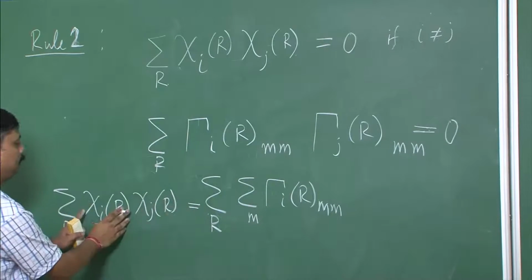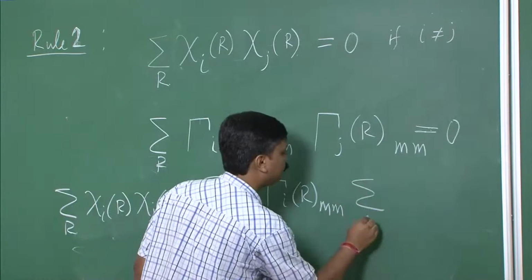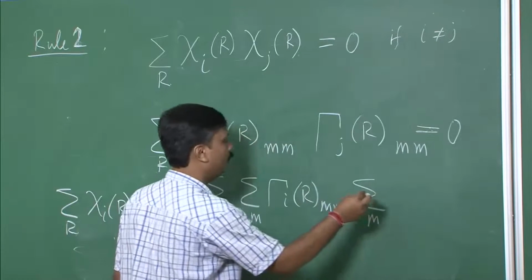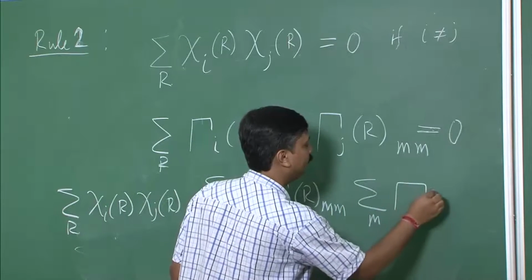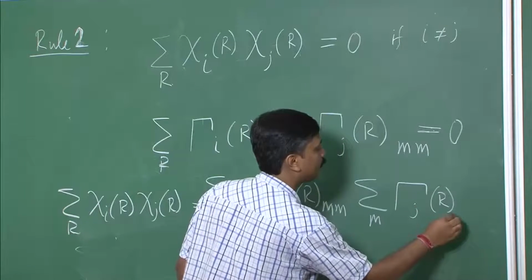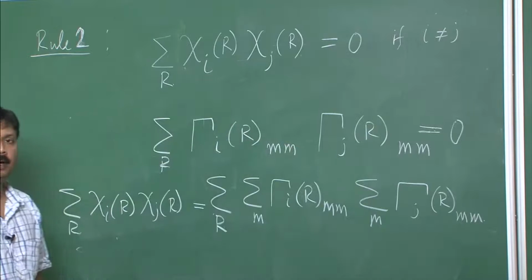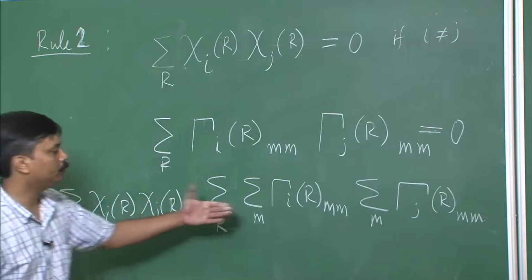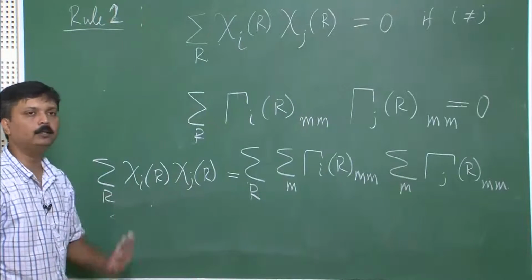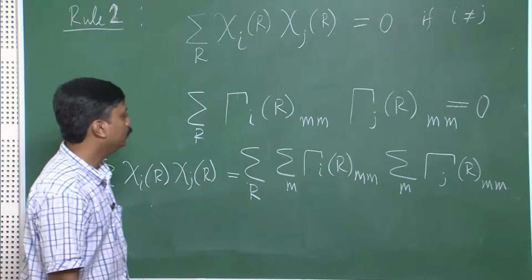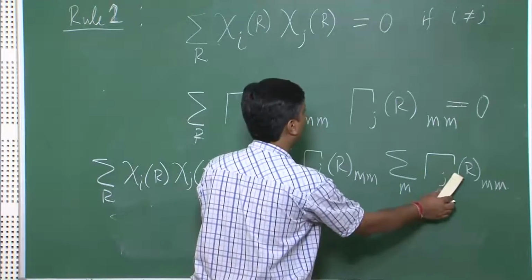So this part is my chi I of R, and if I again sum it over m for j, I get the character for the jth irreducible representation. This part I have already seen.